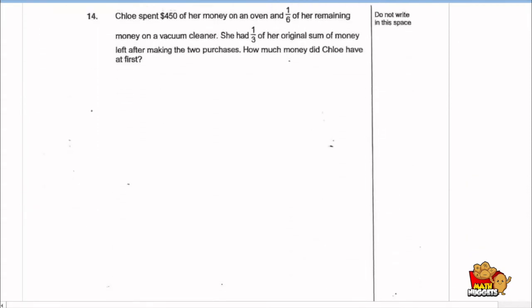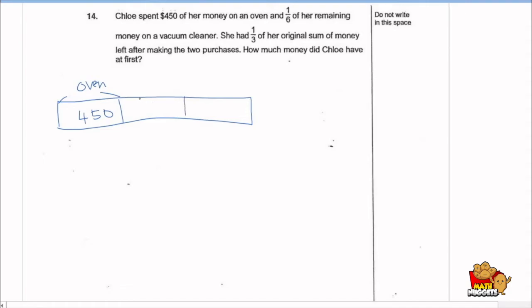Question 14, I would draw a model. So Chloe spent $450 of her money on an oven, and 1/6 of the remaining, so the remaining portion here I could cut into 6, and out of which she spent 1 on a vacuum cleaner.